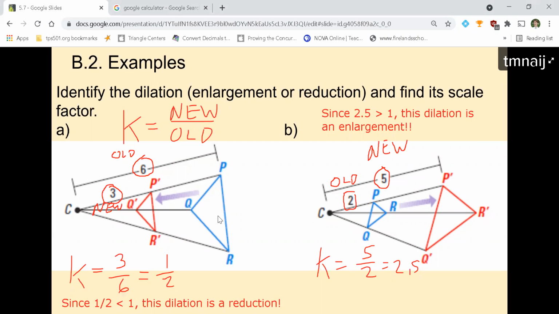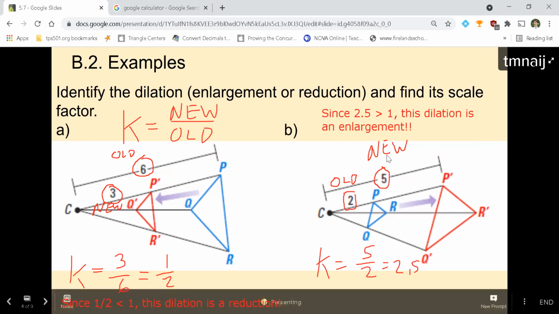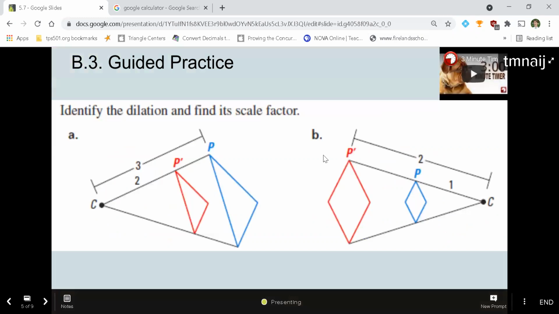All right, does anybody need more time to write? Okay, then it is your turn. Identify the dilation and find its scale factor for each one.